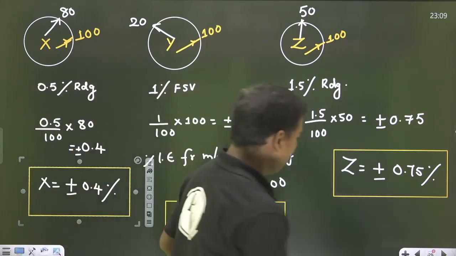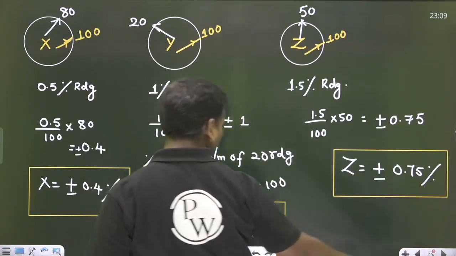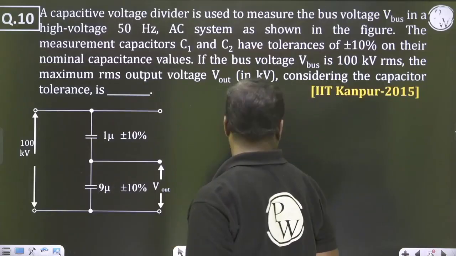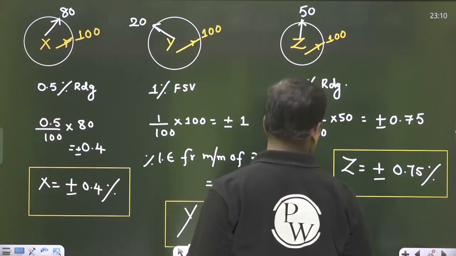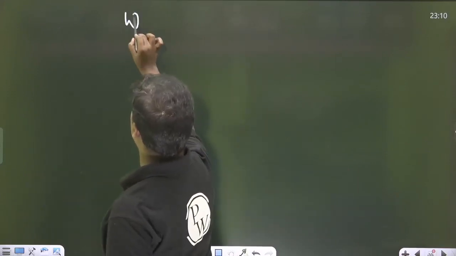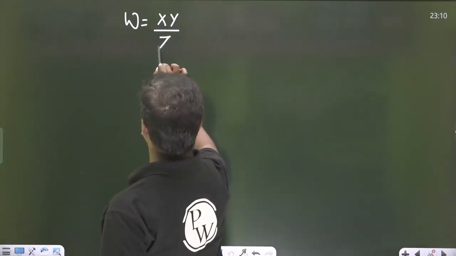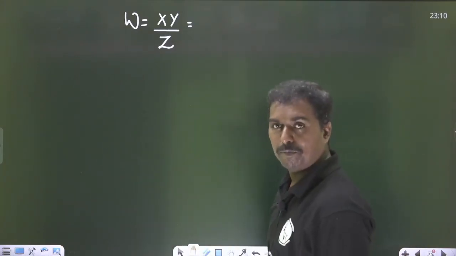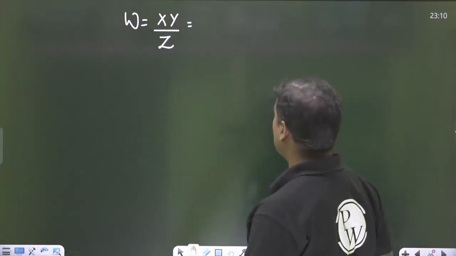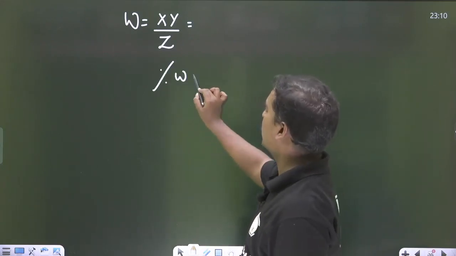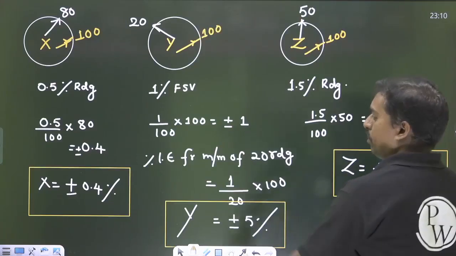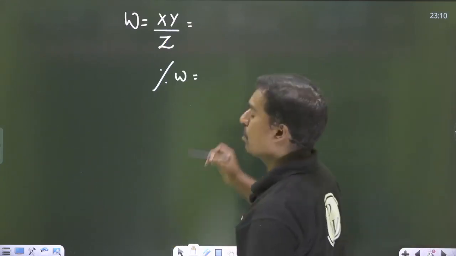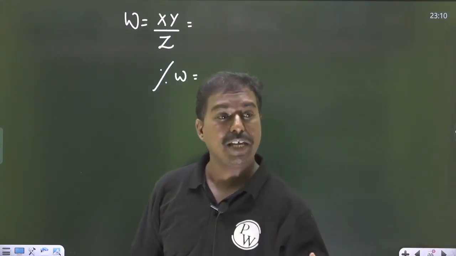Got it? So now, what is the next thing he asked? The w. W is equal to x into y by z. So this is the product of quantities here. The percentage error in x is plus or minus 0.4%. For the product of quantities, the percentage errors can be added.